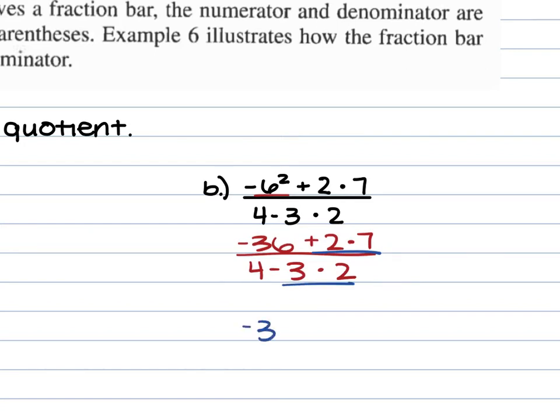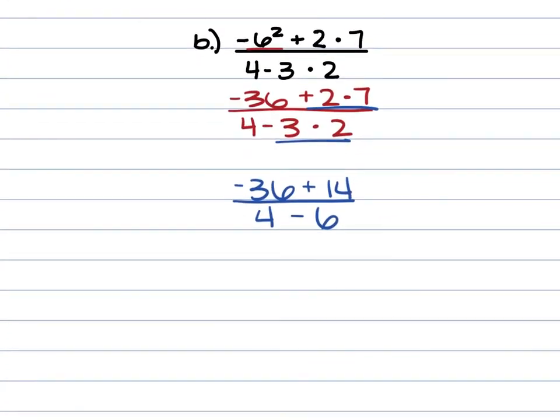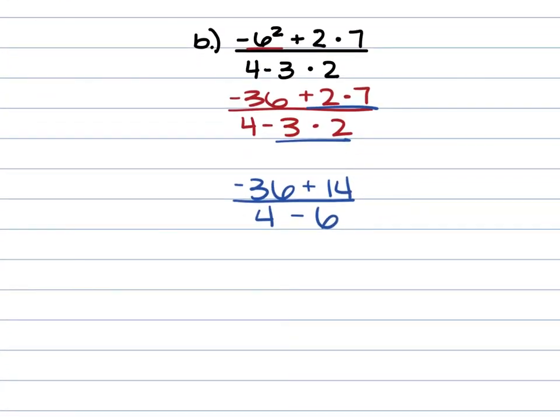It's going to give us negative 36 plus 14 all over 4 minus 6. From here, you want to do the negative 36 plus 14, which is going to give us negative 22. And then the 4 minus 6 is negative 2. A negative divided by a negative is a positive, so 22 divided by 2 is 11.